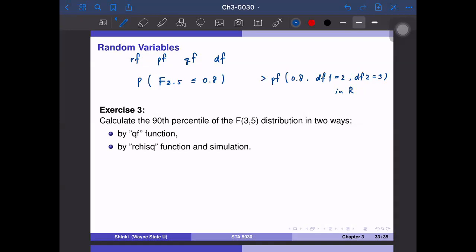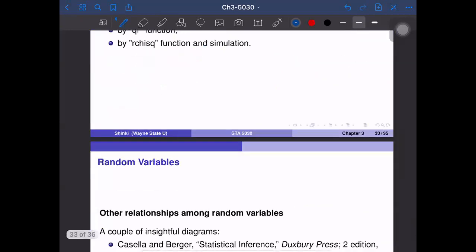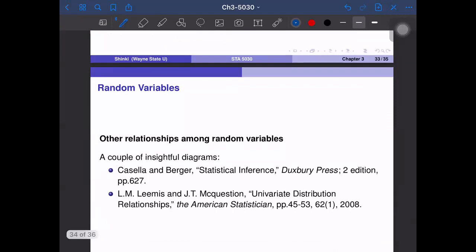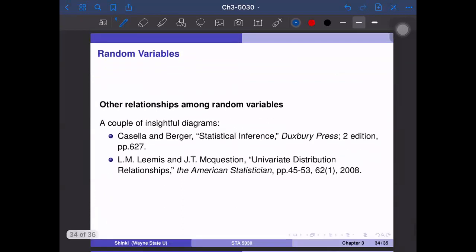Okay, so now that we have finished all the distributions, we're going to review the relationship between variables. The F random variable is the ratio of two chi-square random variables, and the chi-square is also represented by the standard normal distribution. And there are some good pictures on how statistical distributions are related.